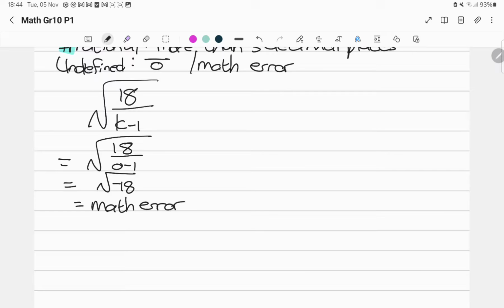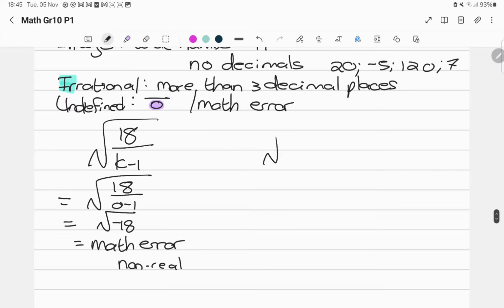But the fact that it's giving me a math error does not automatically mean it's undefined, because what makes something undefined? When the bottom part becomes 0. So this would actually have been non-real if there was a non-real option. Then the next value I can put in is k equal to 1.